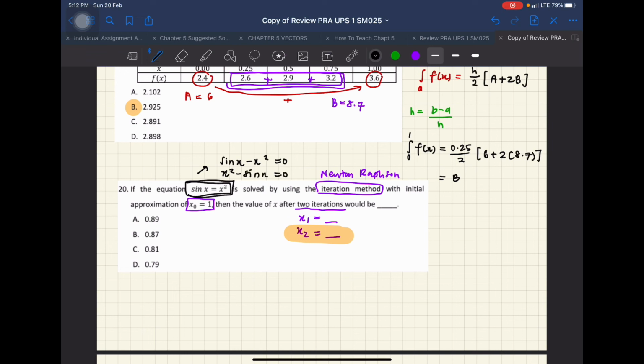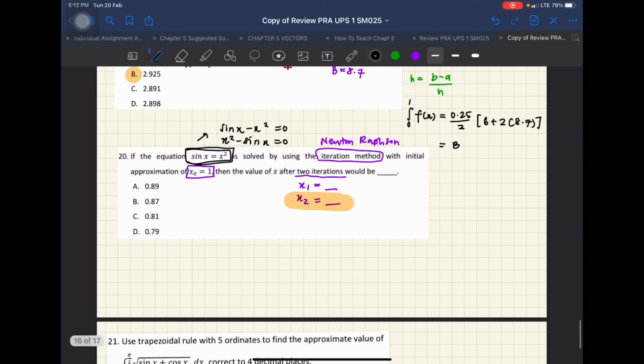Dia akan still memberi awak jawapan yang sama nanti. Sama saja dua-dua ni. Okay, so saya nak guna yang first atas tadi. So I'm going to use this one. Okay, that will be my fx. So fx is equal to sin x minus x square. So my f prime is equal to cos x minus 2x.